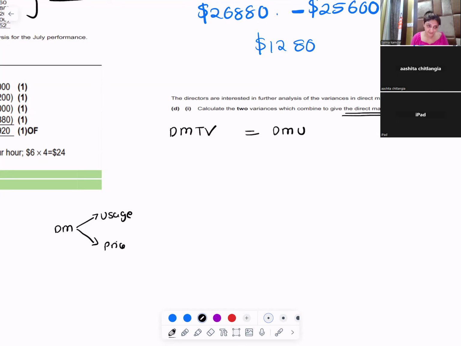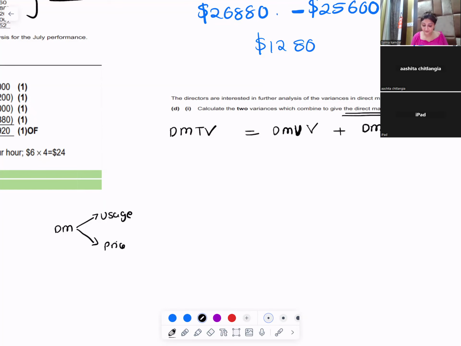So it is made up of the direct material usage variance and the direct material price variance.